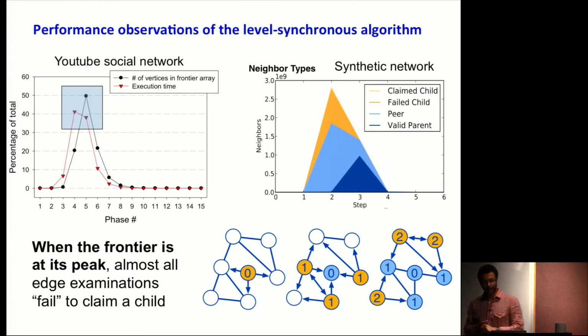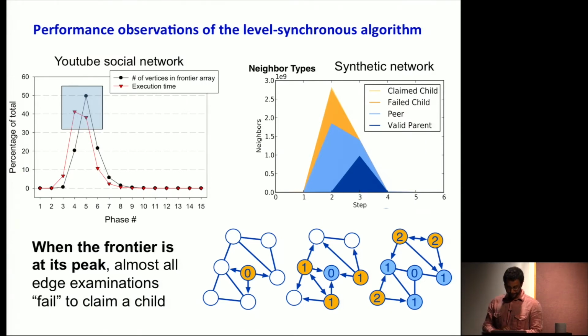And on the right, the figure gives you a sneak preview of how much you can save. The dark blue triangle there is the successful discoveries made by the algorithm. The lighter blue is unsuccessful because you're trying to claim your peers, the ones that are in your level.